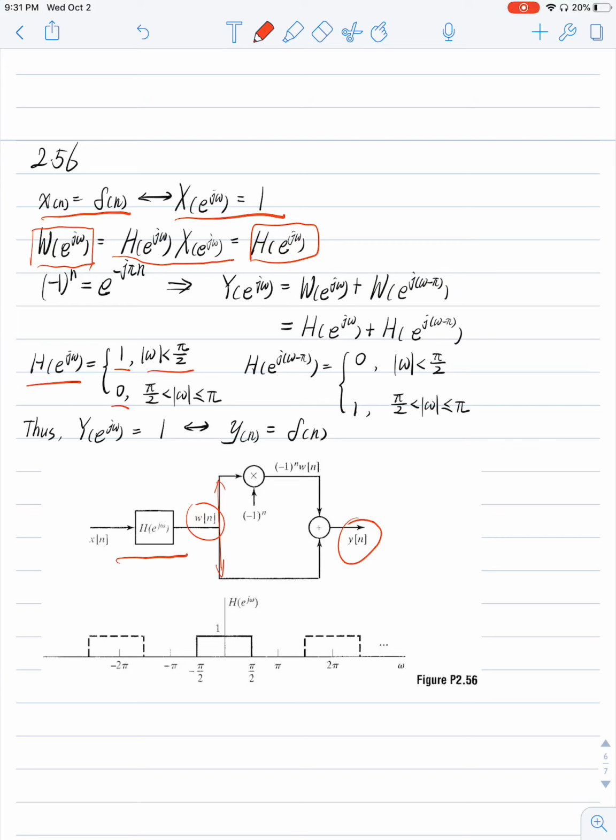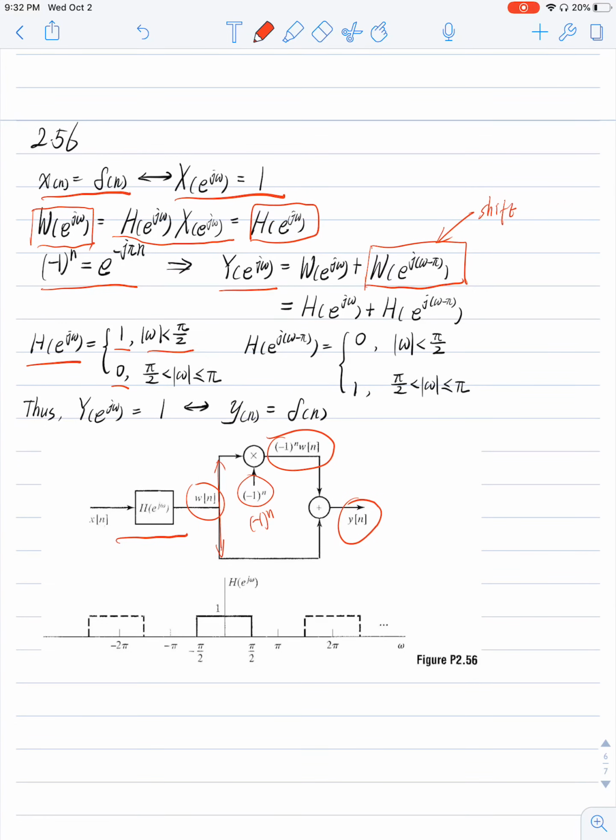In the upper way, the signal w[n] is multiplied by the signal (-1)^n. Because (-1)^n equals e^(-jπn), we can get that Y(e^jω) equals W(e^jω) plus W(e^j(ω-π)), because of the shift theorem.